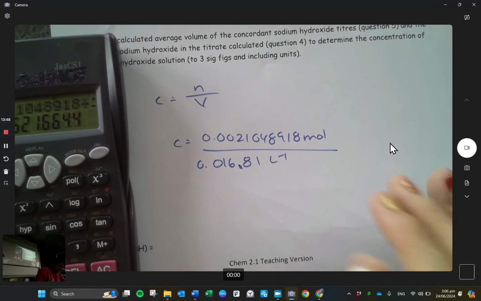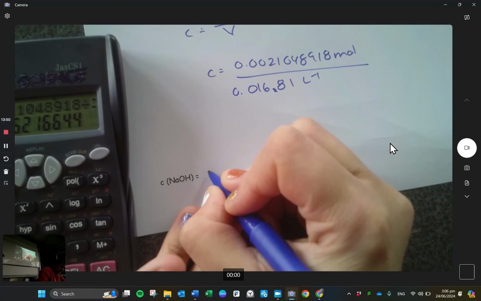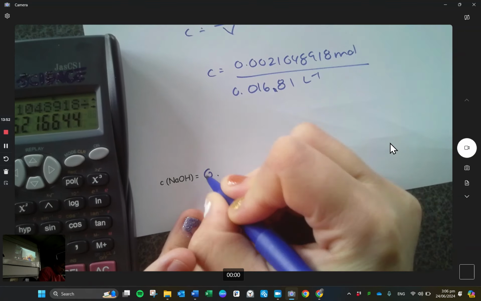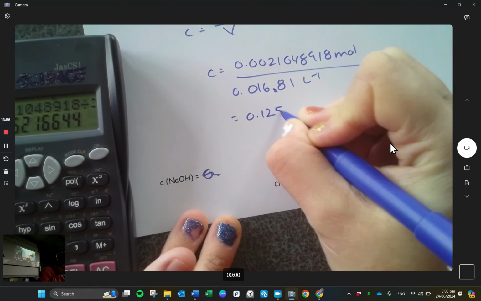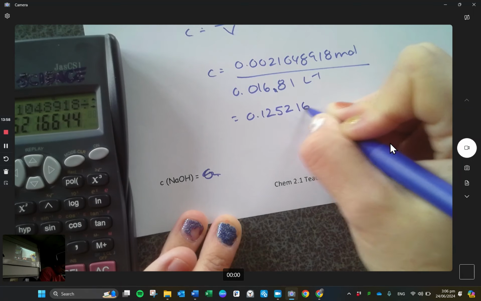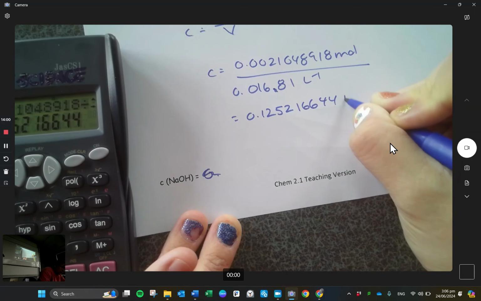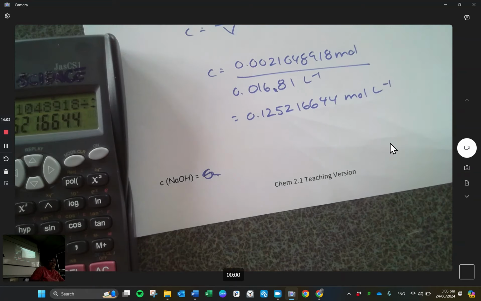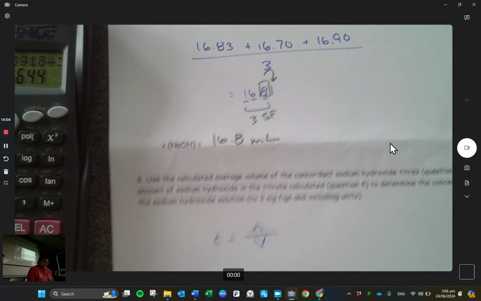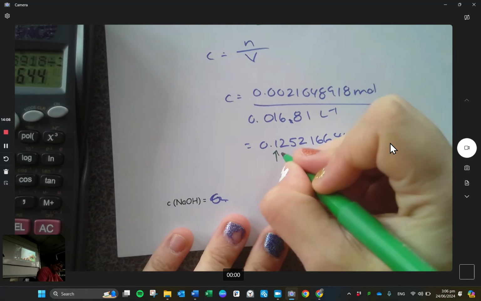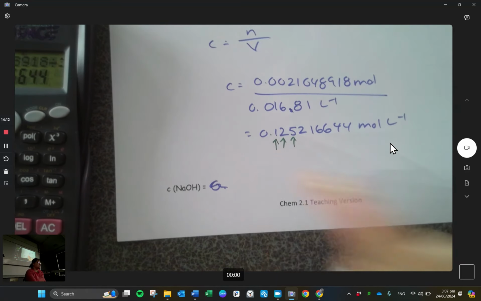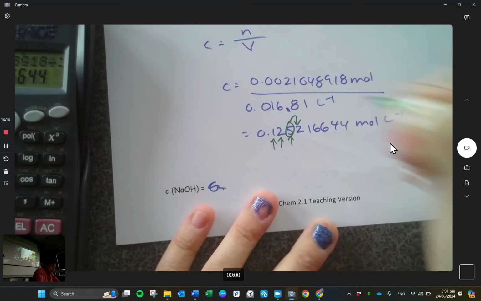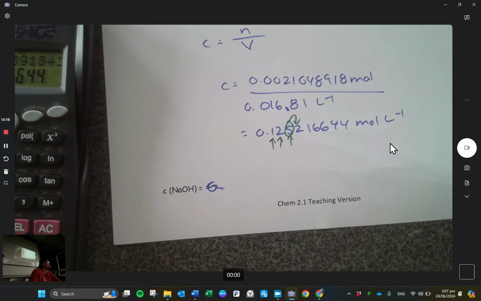Cool. And my concentration is, actually, let me show you the big number. 0.125216644 moles per liter. But I want to have it, again, it says 3 sig figs, including units. So 1, 2, 3. We actually don't count that 0 there. That's just a placeholder. So I look at the 5, go over to the 2. 2 tells me to round down.